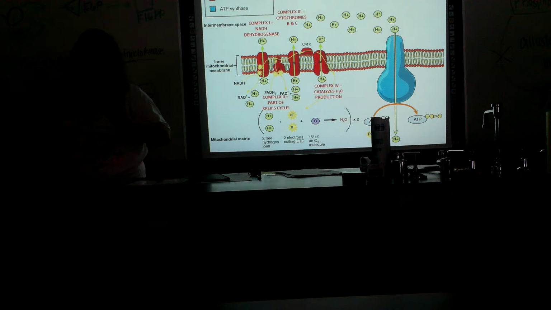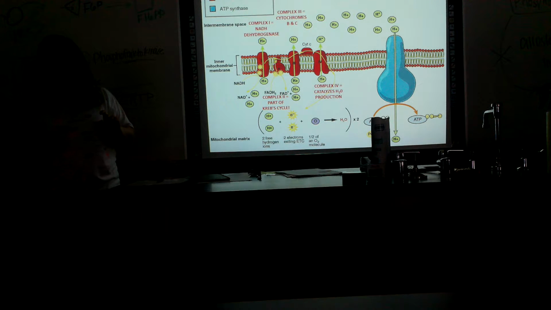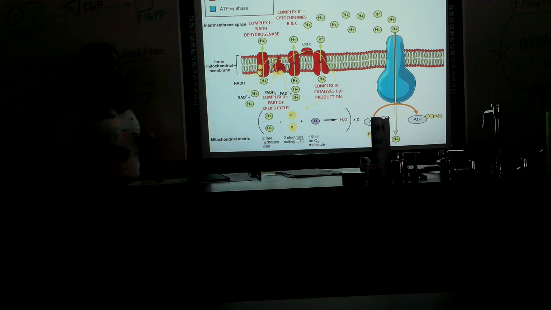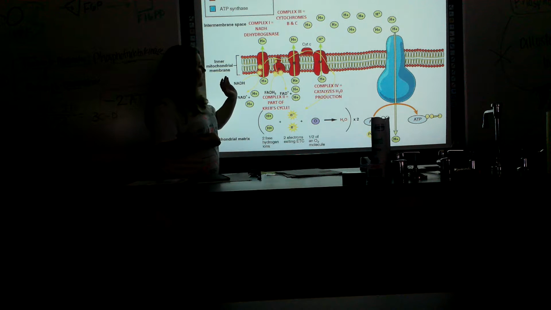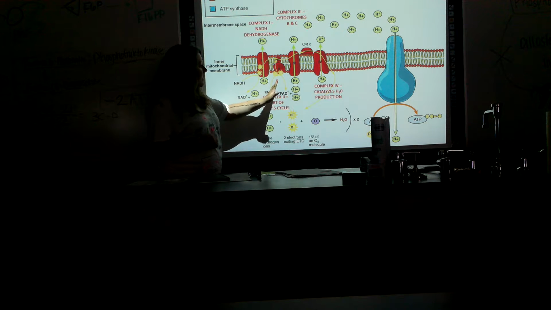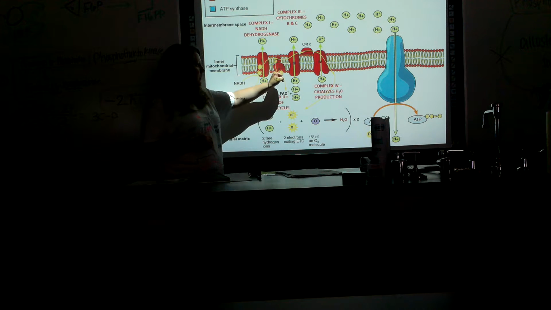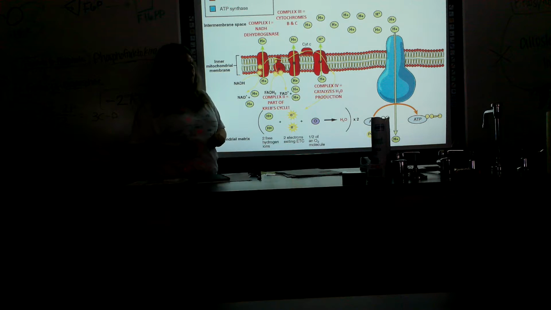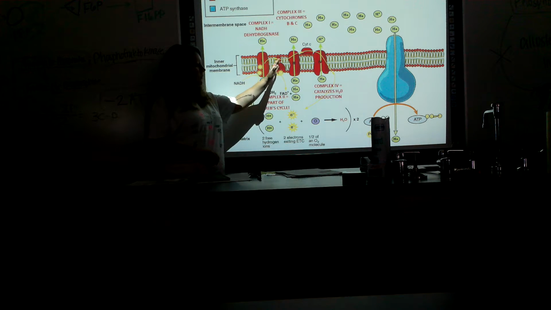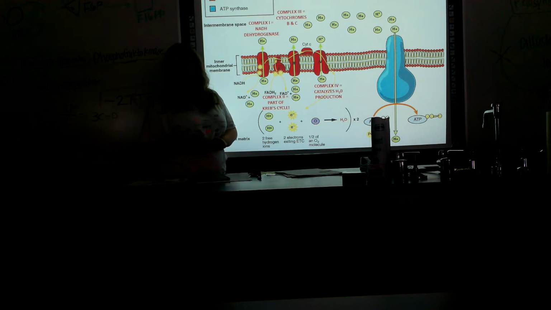And electrons are basically being handed off from one complex to another by electron carriers. So what you'll notice is that the electrons that are delivered from FADH2, right there at complex 2, skip complex 1. They're one step ahead. They don't have to go through complex 1 at all.